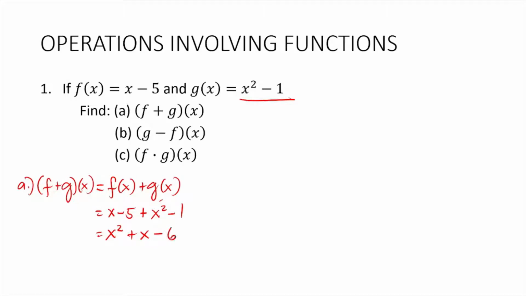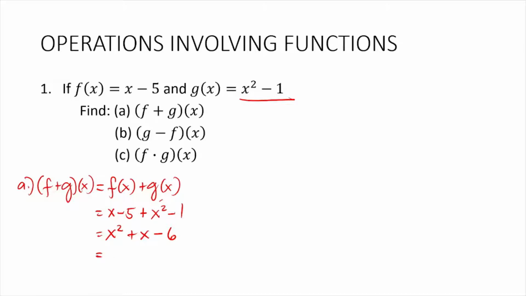And then lastly, it's preferable if we express our final answer in factored form. So we check if this is factorable, and then we express it in its factored form. This is a quadratic expression.